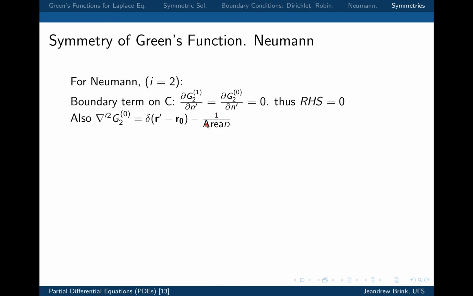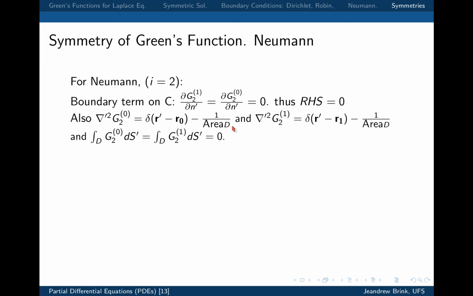So we've added this 1 over area, or subtracted this 1 over area term in, and you do the same thing for both of them, and you now substitute this back into what we call the left-hand side. In addition you have this condition, the average, and this is why in some sense that was chosen as the restricting condition, because it basically makes the symmetry property valid for all three Green's functions.